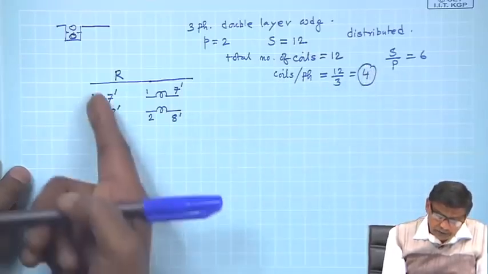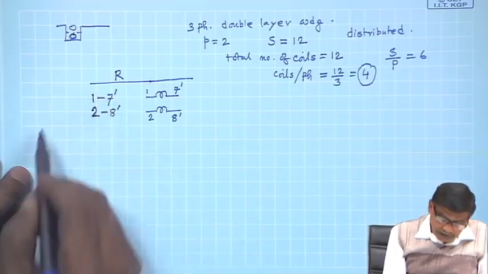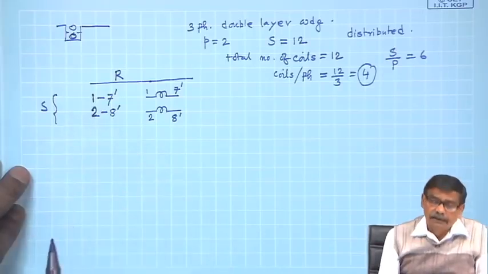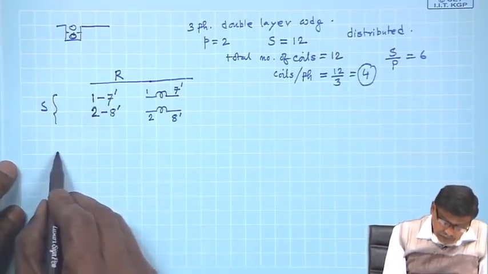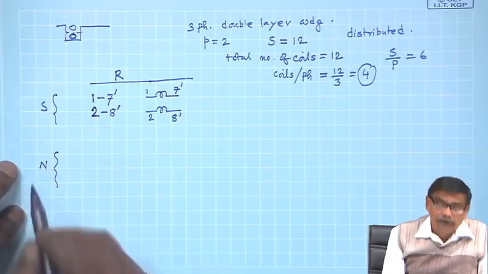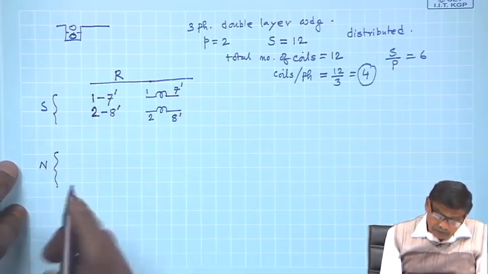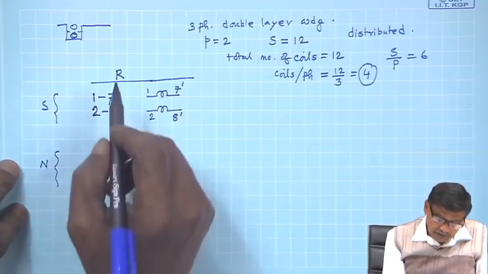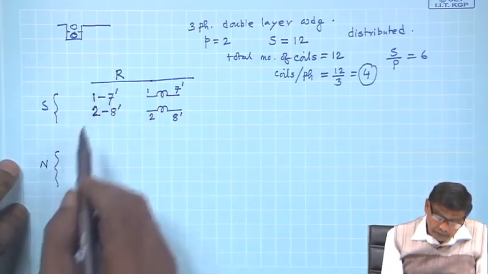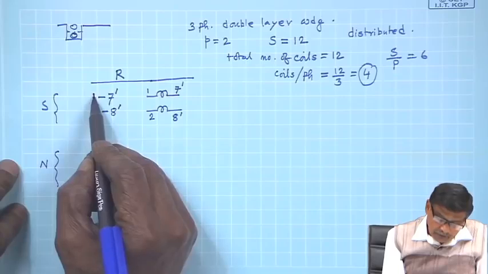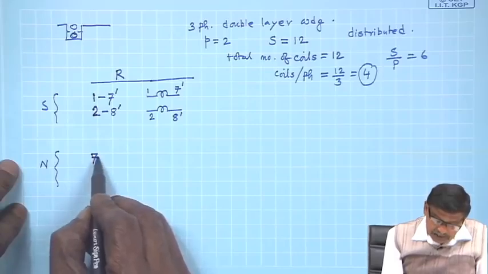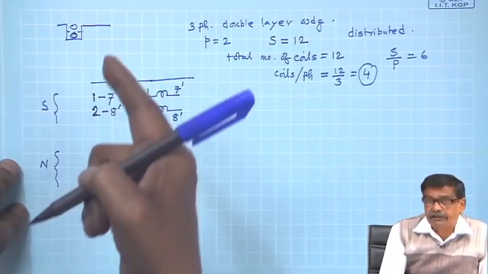Therefore, it looks like 2 coils are over. Okay. This is, suppose, under south pole, it is like this. Therefore, other 2 coils should be under north pole. Now, therefore, starting of the second group of coils of R phase will be from this slot 1 plus 6, 7, and that is the start of the second group first coil of R phase.